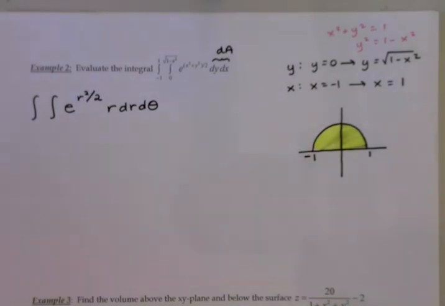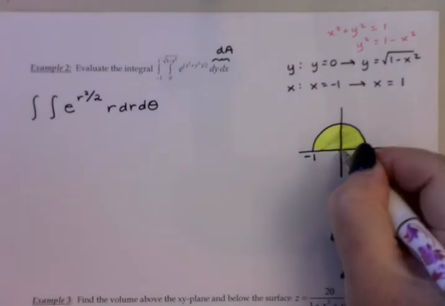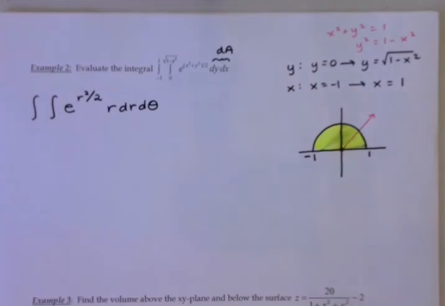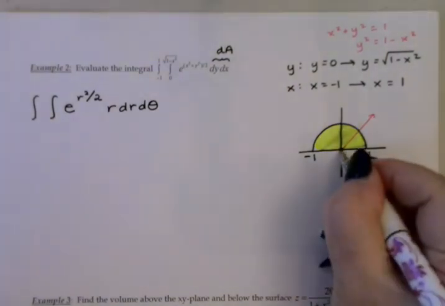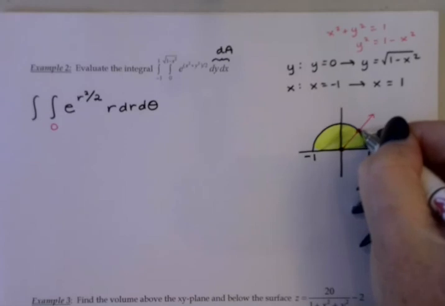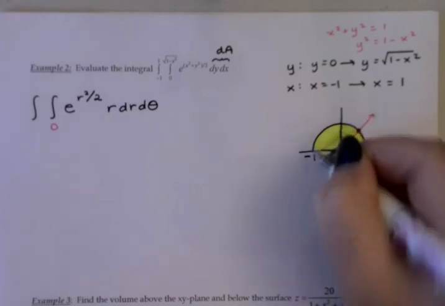All right, to get my limits of integration, once again, I'm going to draw a radial spoke, starting from the origin, going out. And I begin at r equals 0. I'm already in the region this time. So I'm going to start at 0, and I exit on this circle.